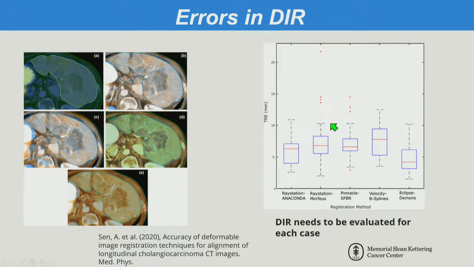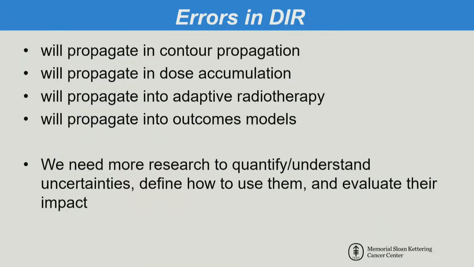So every time you do DIR in your clinic, you really need to evaluate and make sure that it makes sense. It's really patient-dependent, anatomy-dependent, algorithm-dependent. So there is no one number for everyone. So it really needs to be evaluated on an individual basis.